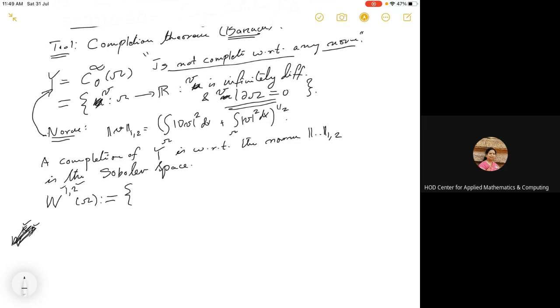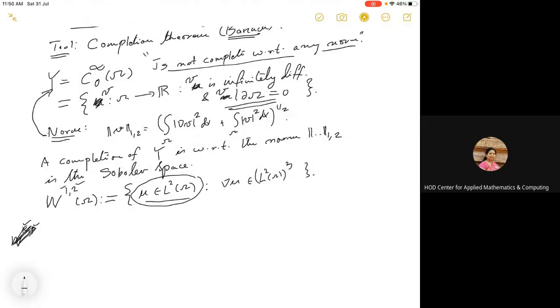So this consists of all those elements in the L2 space. Now here comes a bit of surprise. So you have all those L2 functions such that the gradient of U belongs to L2 cube. Now one may ask that an element of L2 is not even a function, so forget about its derivative.